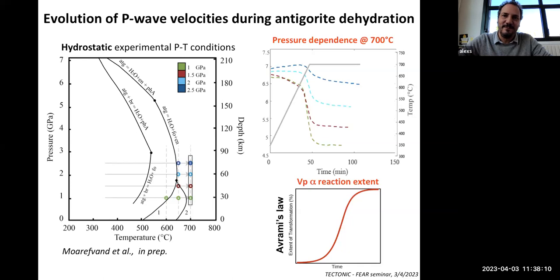But how to implement that into the dynamic Eshelby solution, I don't know.